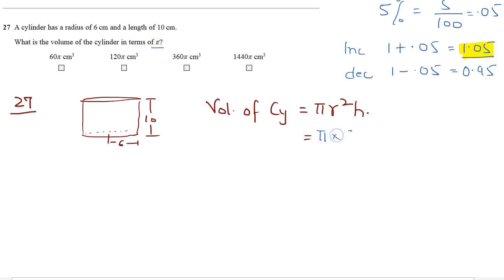R is 6 square and h is 10. 6 square is 36, times 10 is 360 pi, and this is centimeter, so it will be centimeter cube.